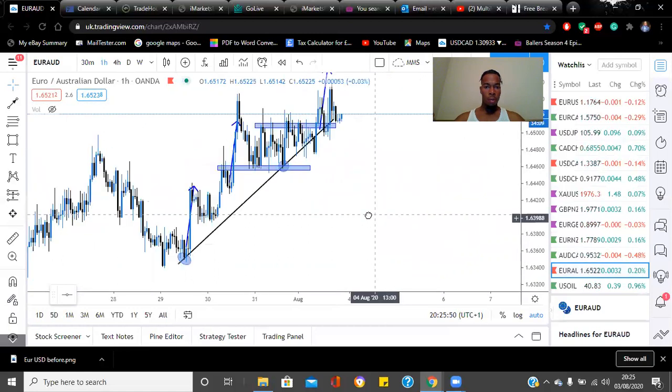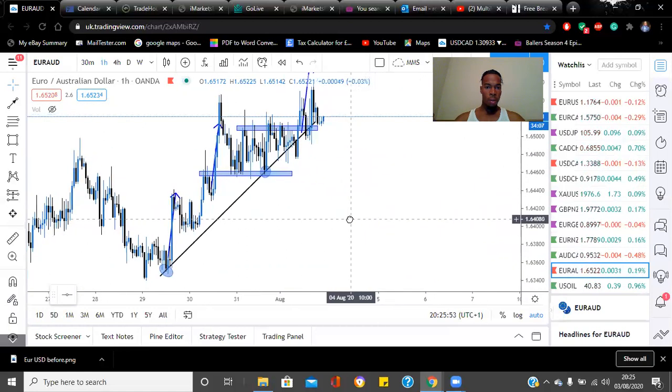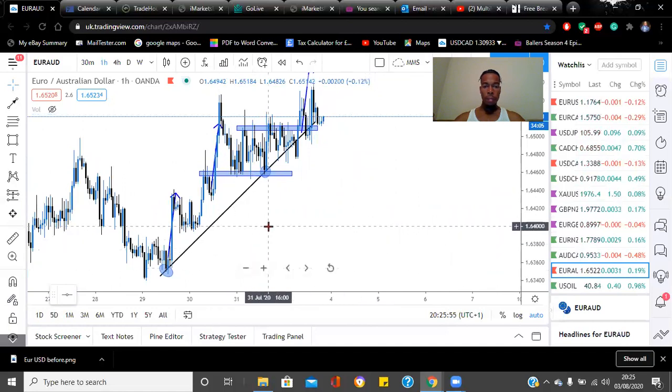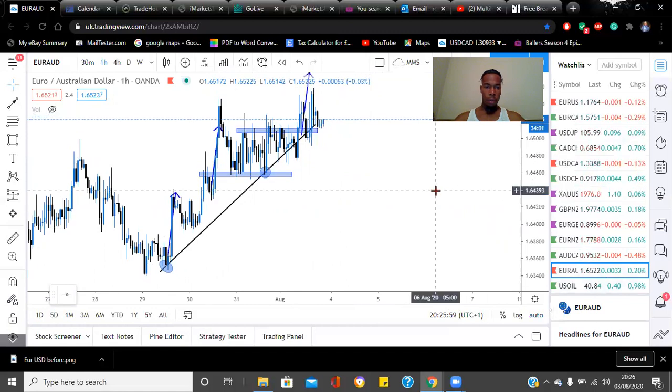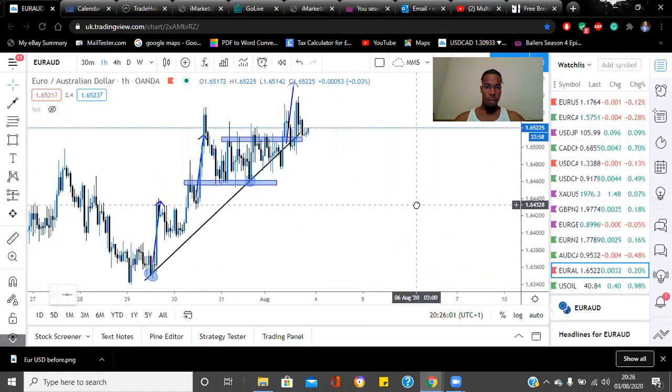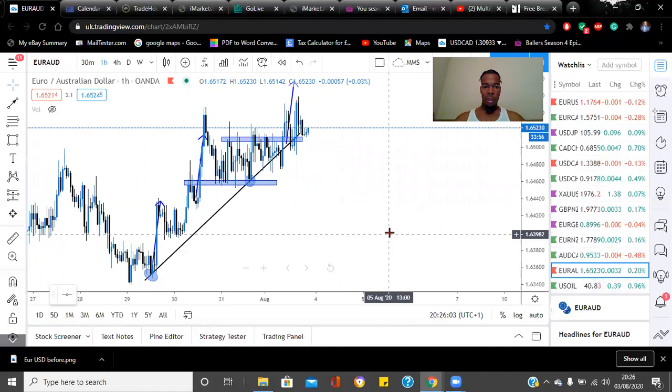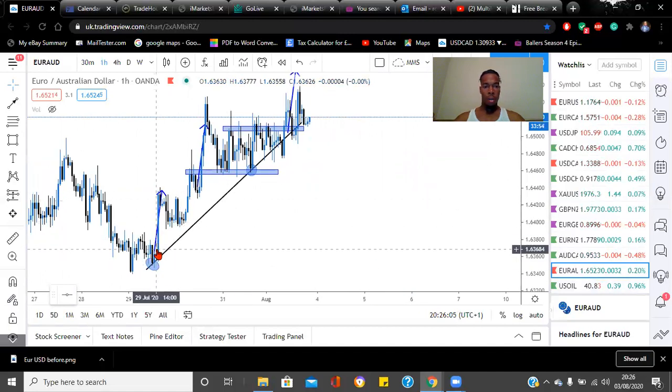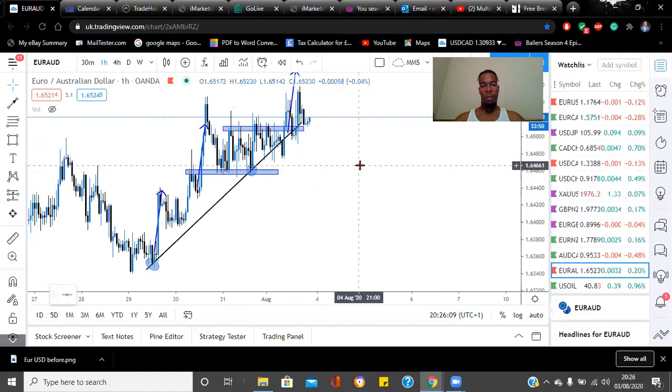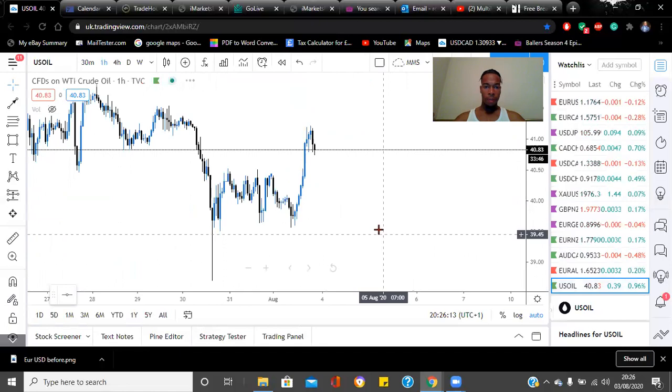All right, so EURAUD, very choppy. But what it looks like it's doing is waves. So first wave, second wave, maybe the third wave, but it's a bit technical, so I won't even go into that.